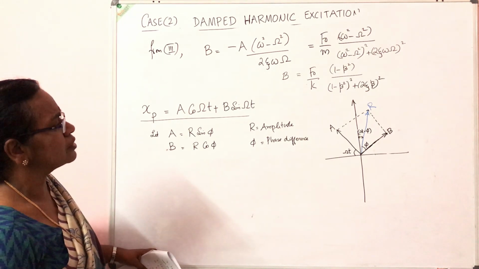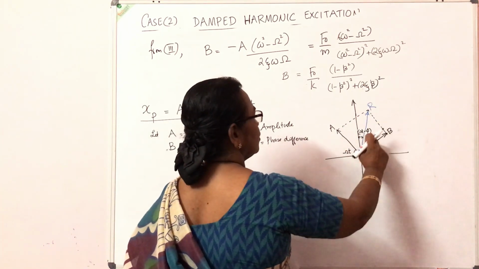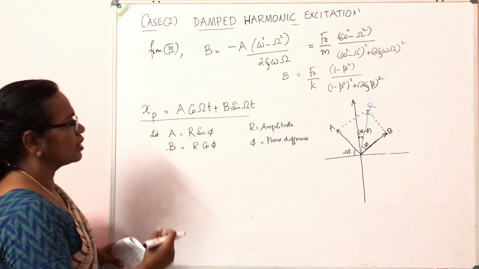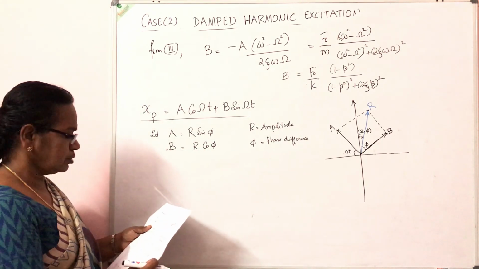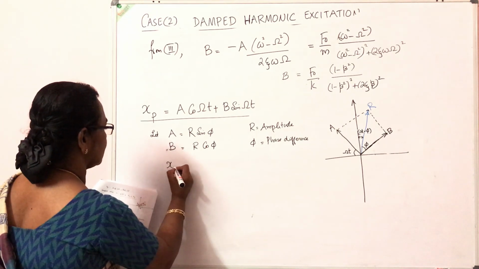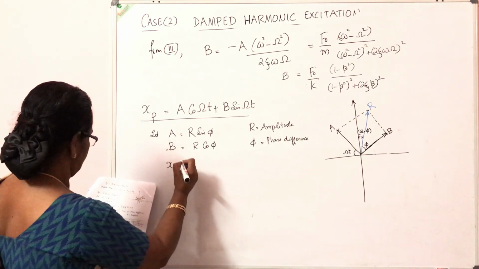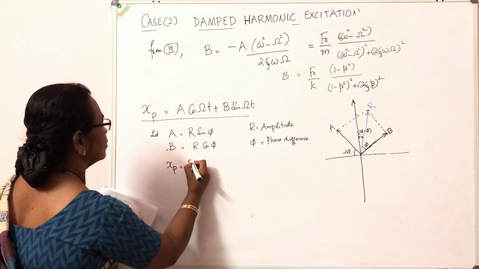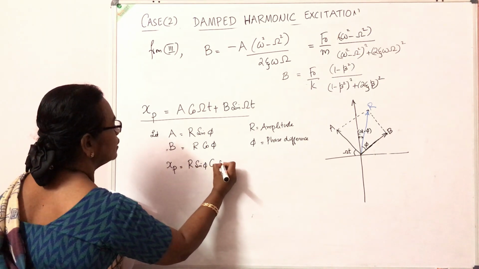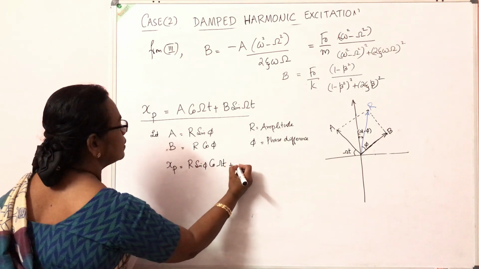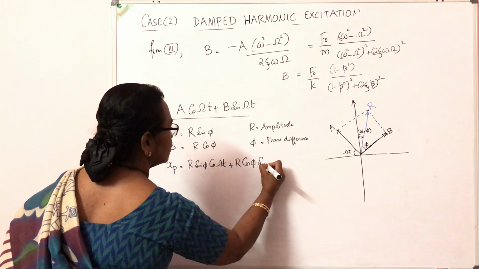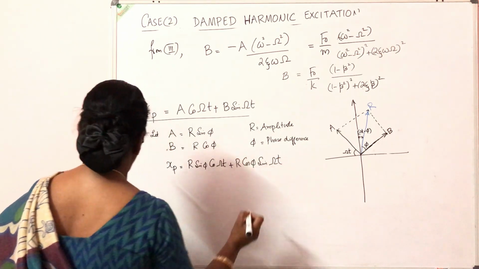Looking into the figure, I think it is correct. A is equal to R sin phi and B is equal to R cos phi, where R is the amplitude and phi is the phase difference. So that we can write xp is equal to R sin phi cos omega t plus R cos phi sin omega t.